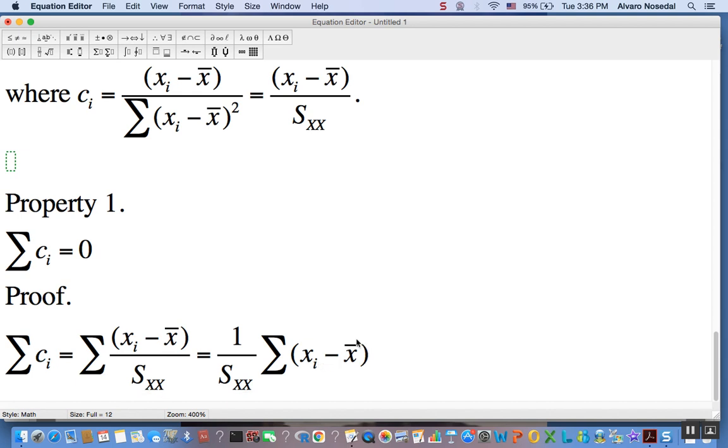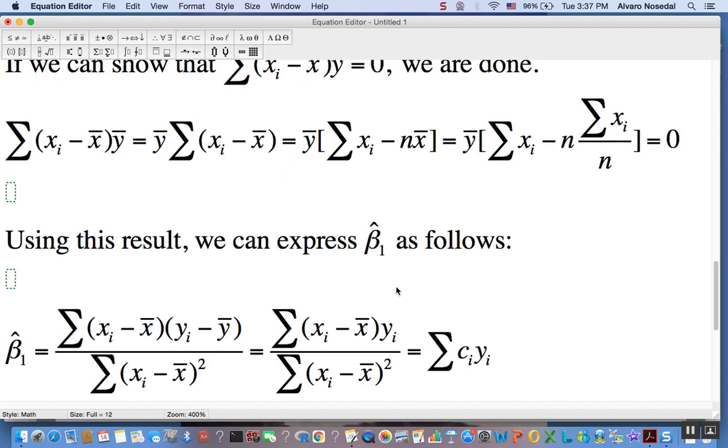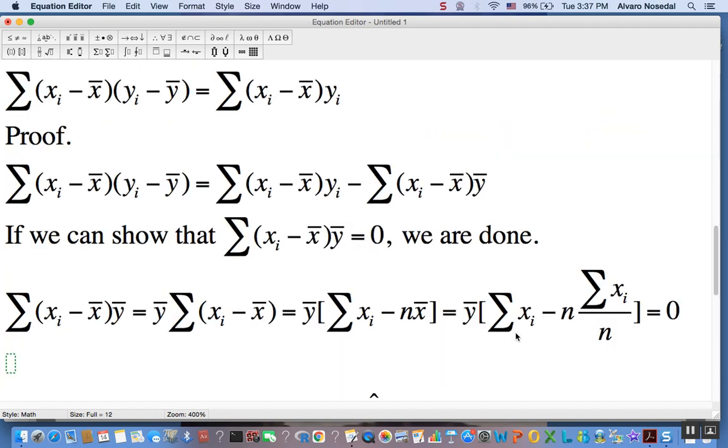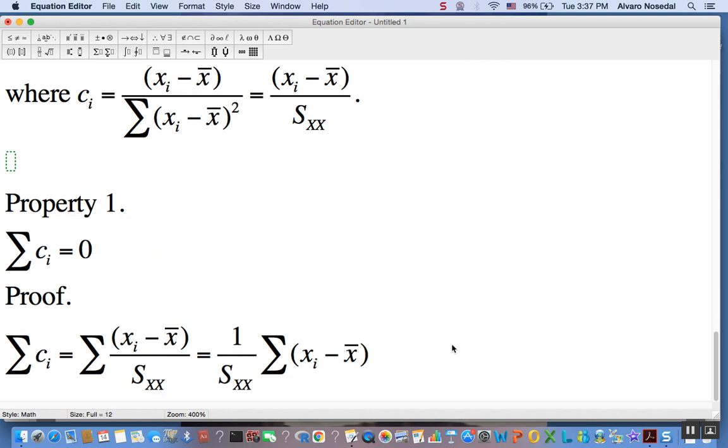What's the definition of x bar? The sum of xi's divided by n, right? So we're going to end up with 0. Let me write it down again.